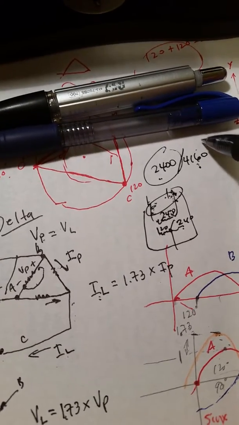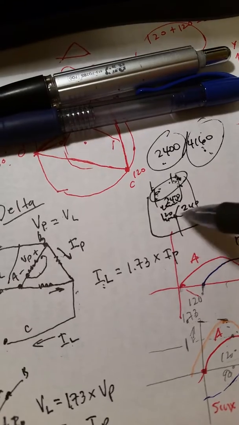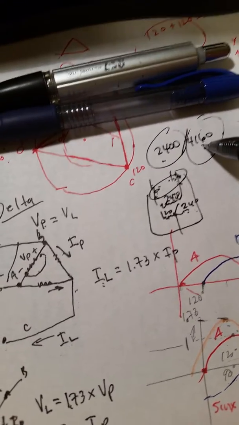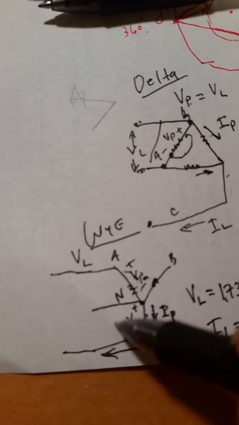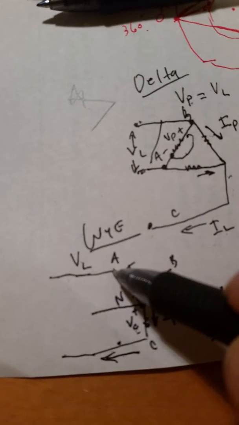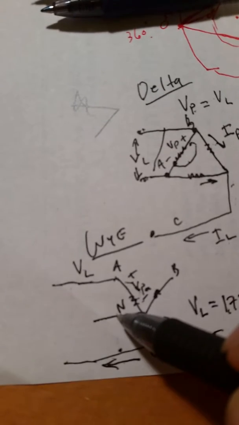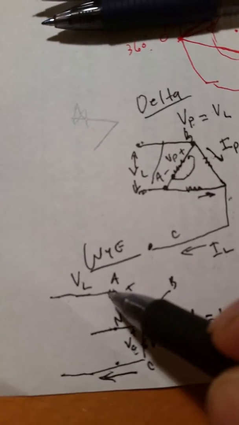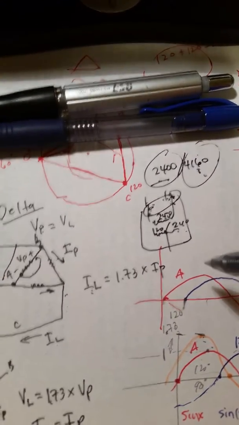Well, how is it that when we hook it up to 4 kV it produces the same 120/240 on the secondary side? On a Y system, yeah, it's 4160 here. But when you hook it up Y, from here to here is not 4160. From here to here is going to be 2400. You get that?